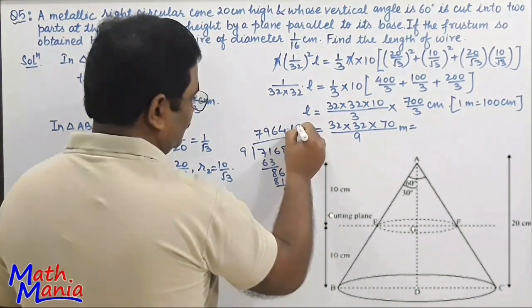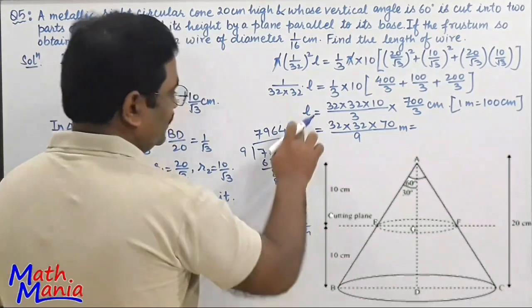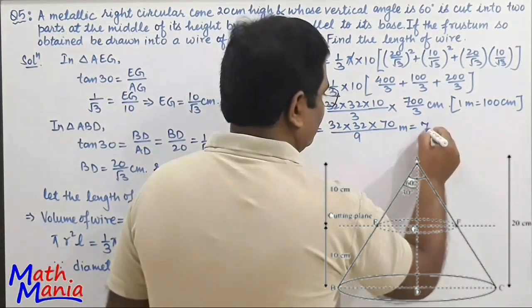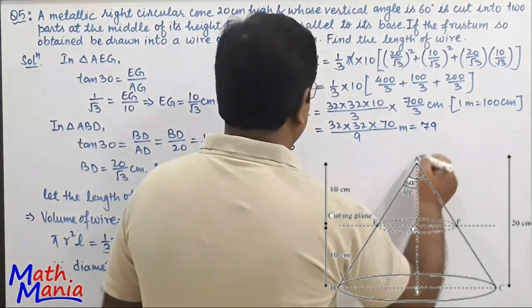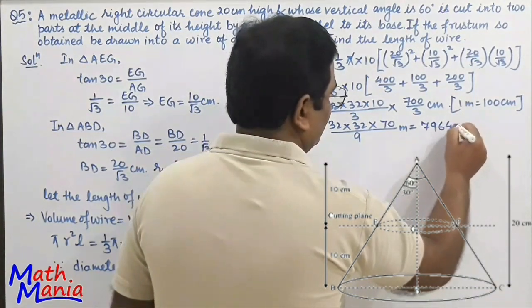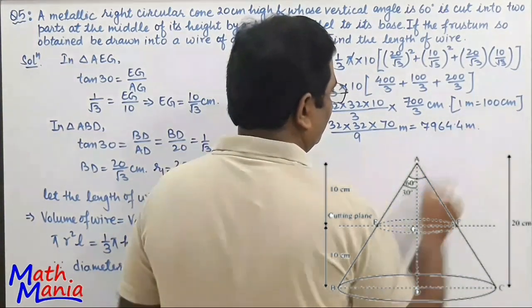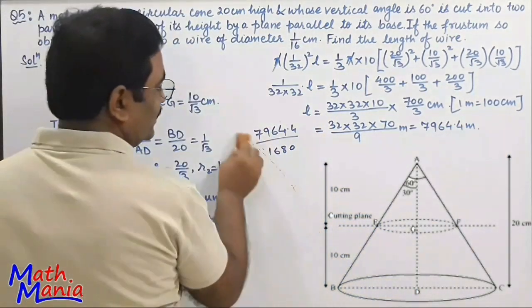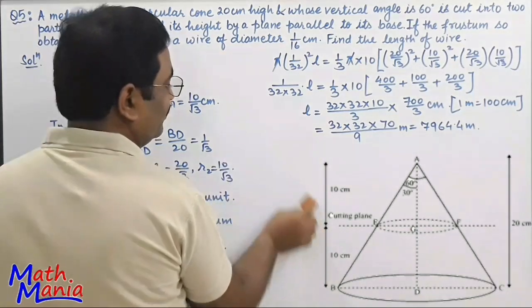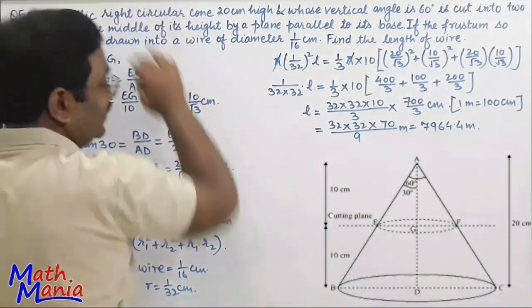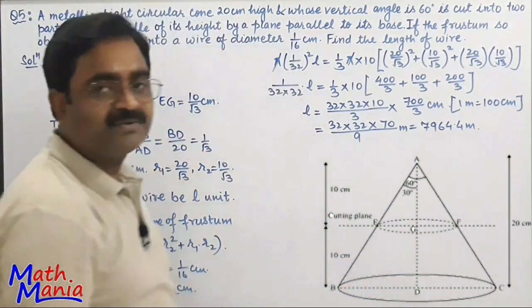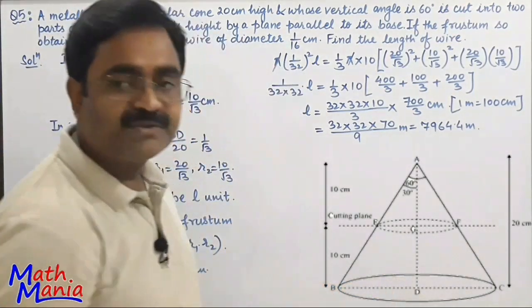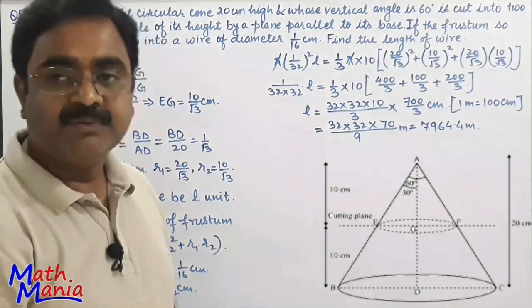So we got 7964.4 meter as the length of wire that can be made with the frustum of this cone. Got it?